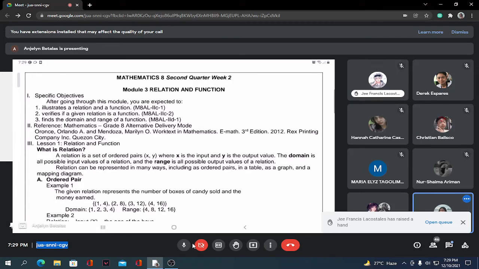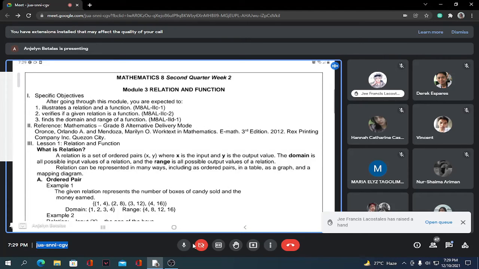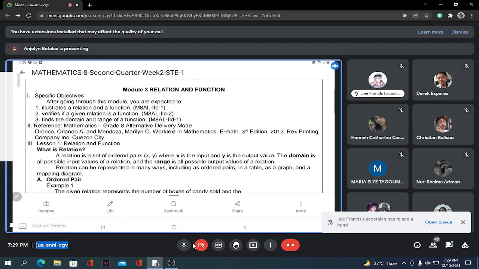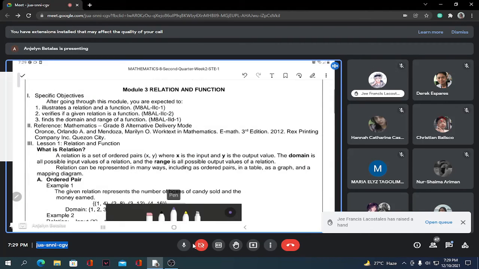Let's see, class. Relation and function. A relation is a set of ordered pairs (x, y) that involves two items, where x is the input and y is the output.